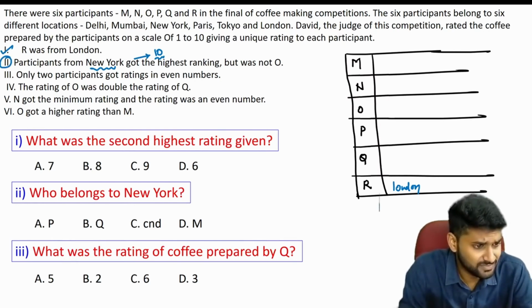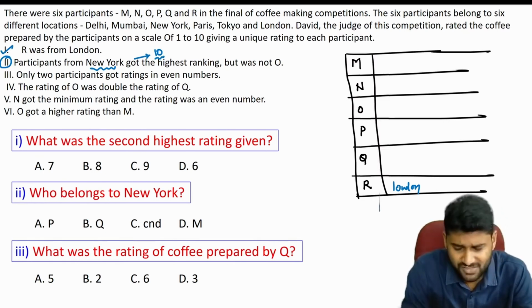We are not confirmed, because it is not O means it is one of the other persons, since we have different possibilities.